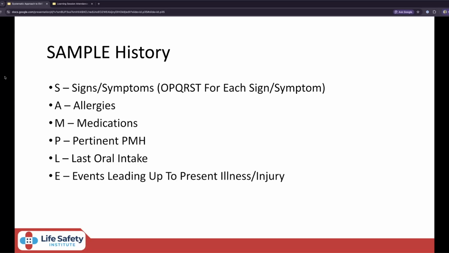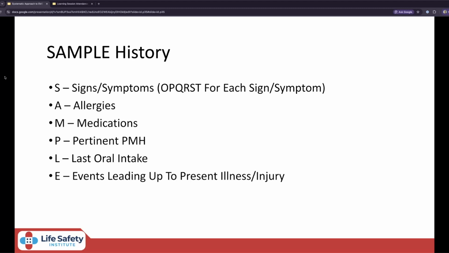For each sign and symptom, we'll do an OPQRST. I'll do the next slide. If they have chest pain and difficulty breathing, we're going to do an OPQRST for the chest pain and also one for the difficulty breathing. The patient's only going to have one set of allergies. So we want to find out what medications they're allergic to, any environmental things, foods, all of those.